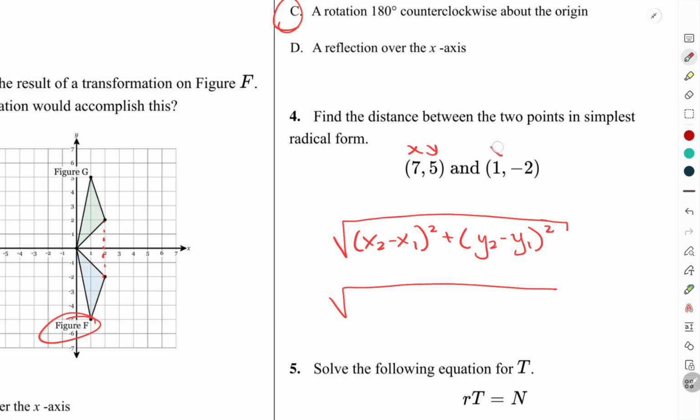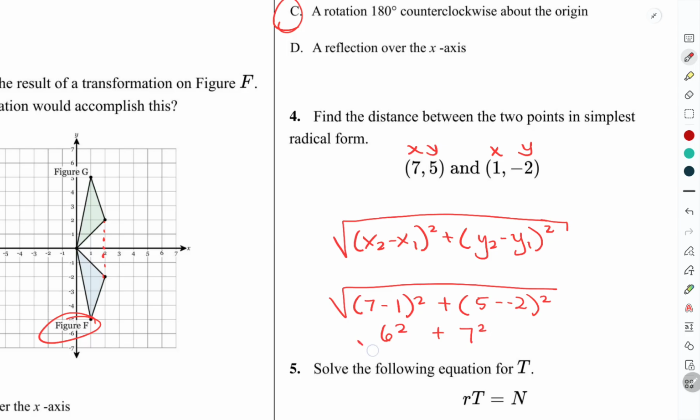Remember, x value is always the first number in the point. So 7 minus 1 squared plus 5 minus -2 squared. So that would be 6 squared plus 7 squared.